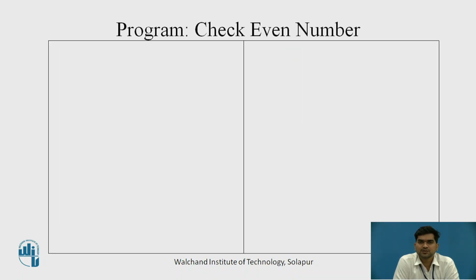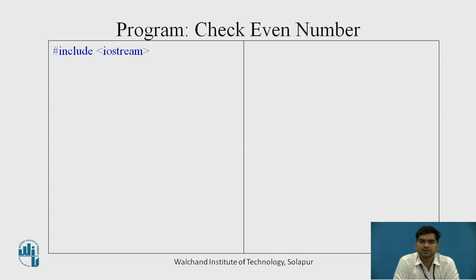Now we will clear this doubt using one example of the if condition statement. The program checks whether a number is even, and we need to provide only one condition for checking the even number. The first line is hash include iostream, which is a header file of the C++ library.